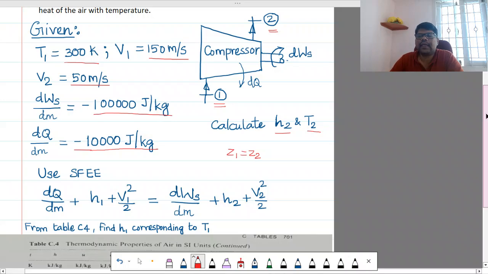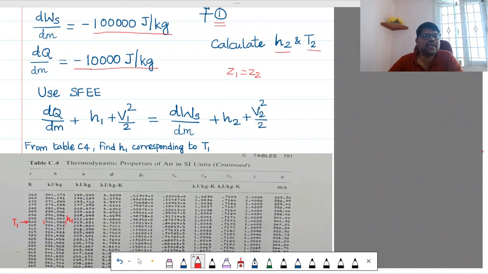Therefore, I can write the steady flow energy equation as dq by dm plus h1 plus v1 squared by 2 is equal to dWs by dm plus h2 plus v2 squared by 2. Right, we have to solve this equation. We need to substitute the known values and we have to find out the unknown.